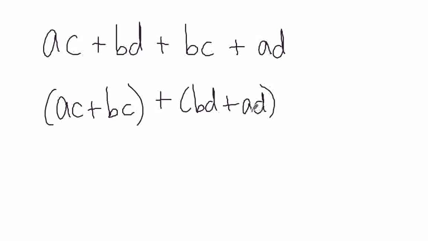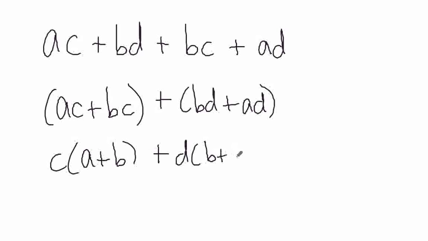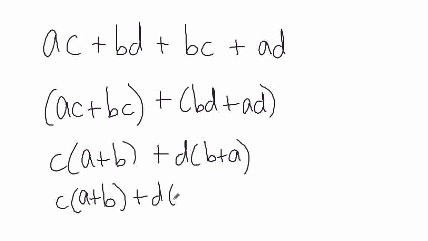So the first one, we take out a common factor of C, so we get C times A plus B. And the second one, we have a common factor of D, so we take that out, and then we have B plus A. Now, of course, it doesn't matter the order that we add terms together, so we can write B plus A as A plus B.